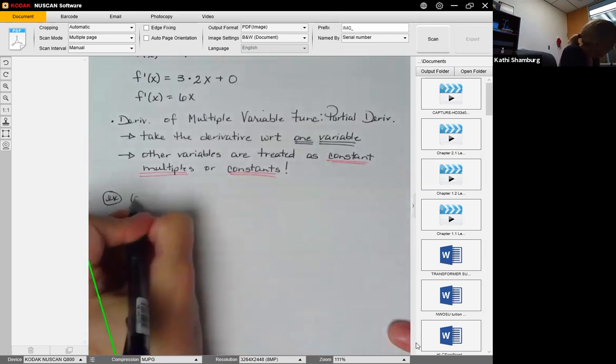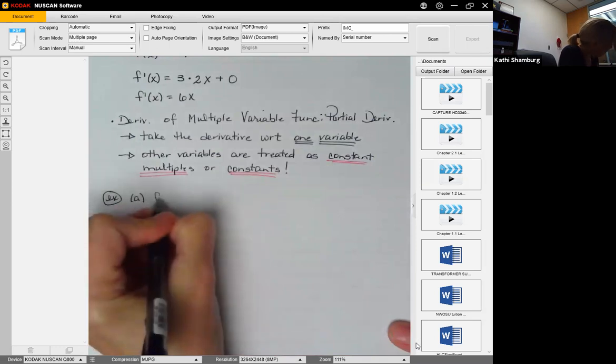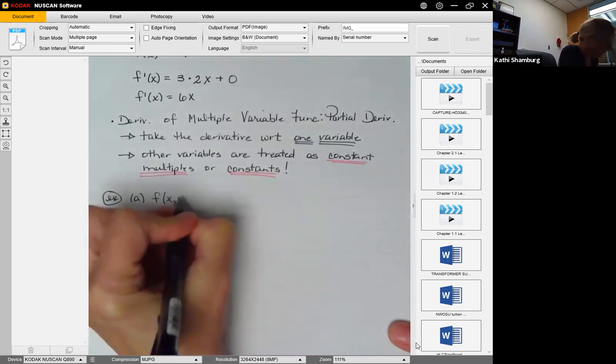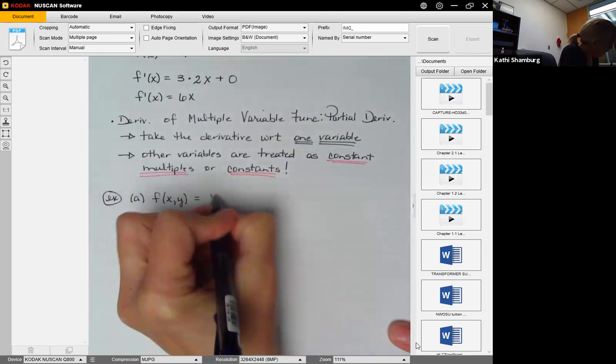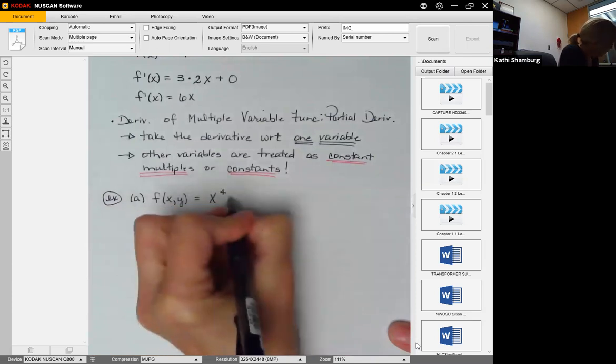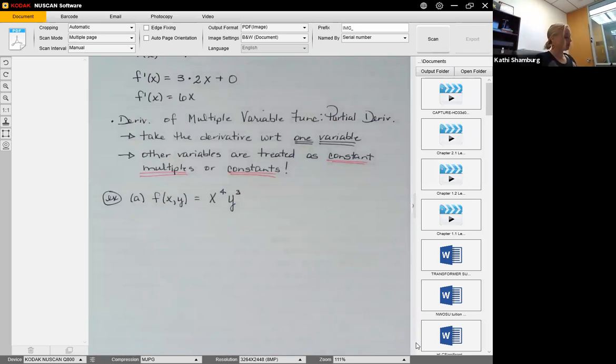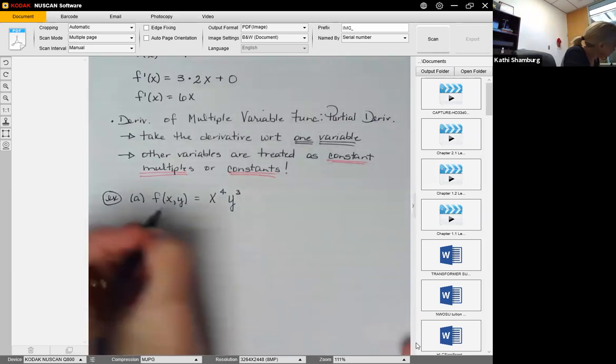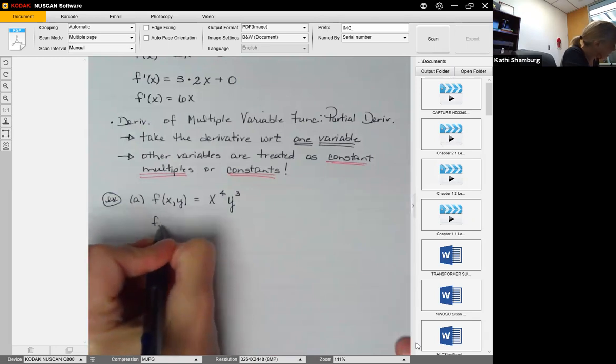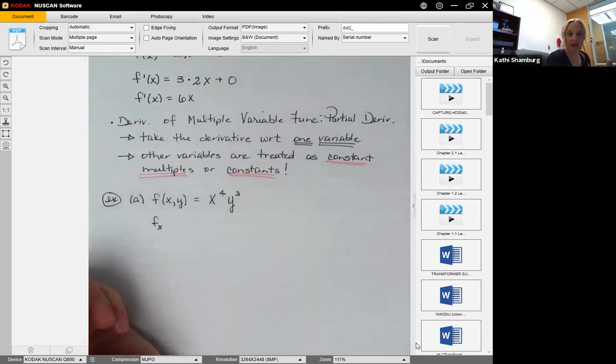So let's start part A. We have the function, two variables, x, y, and we're given x to the 4th y cubed. So that's the function, two variables. So what does it look like when we take it with respect to one of the variables? So if you see the writing where there is a sub x, that means f of x.